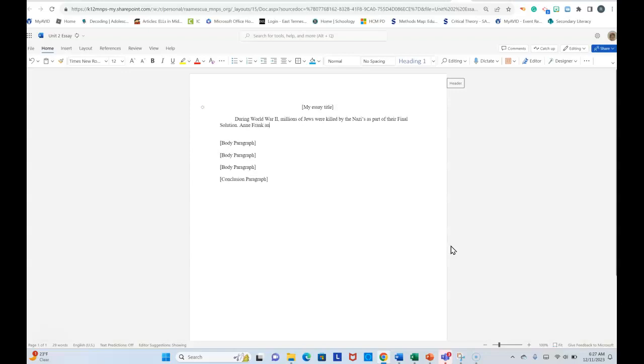Anne Frank and her family hid from the Gestapo to avoid being sent away to concentration camps.